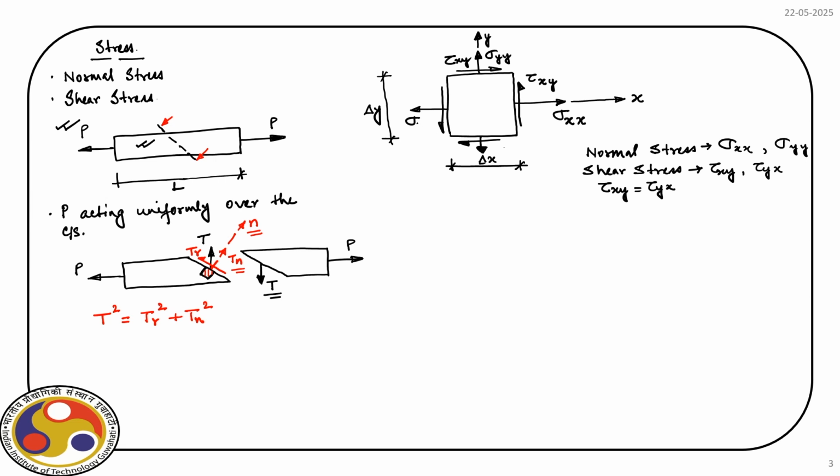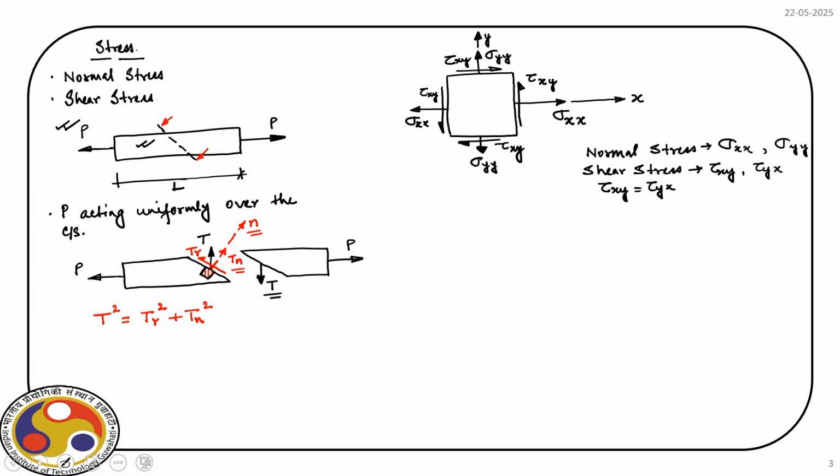Now, here also we have sigma xx, and then let me write here tau xy, and then let me remove this. We do not need this dimension for the time being. So, we have sigma yy and then tau xy.